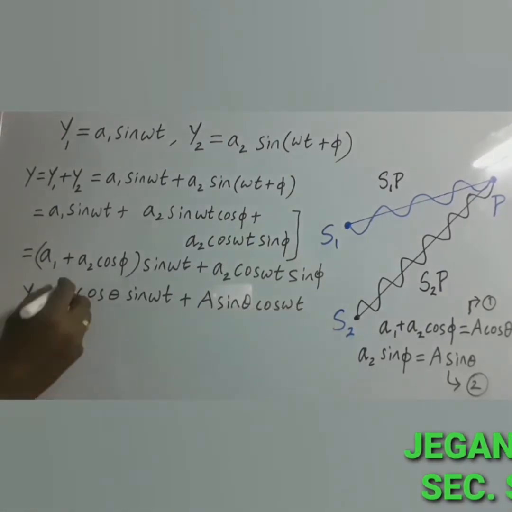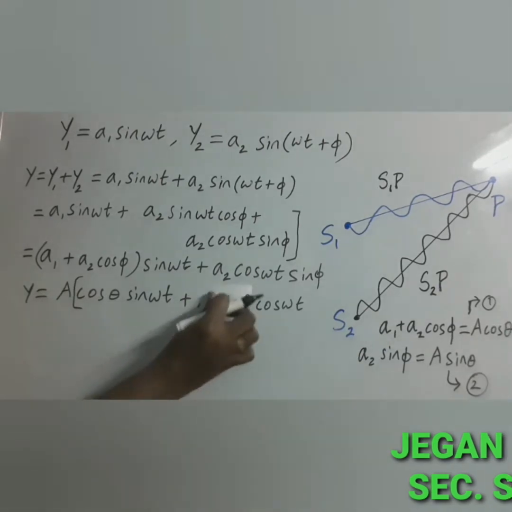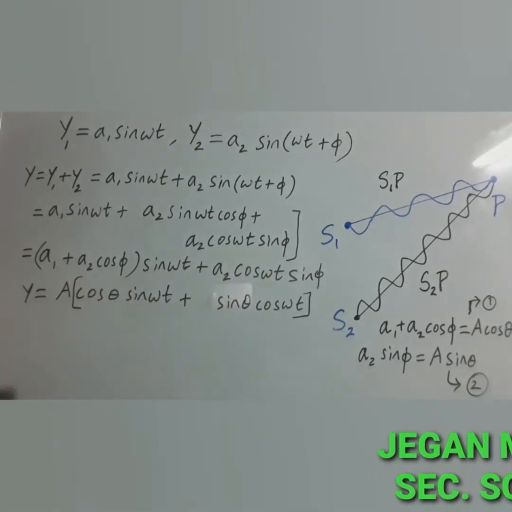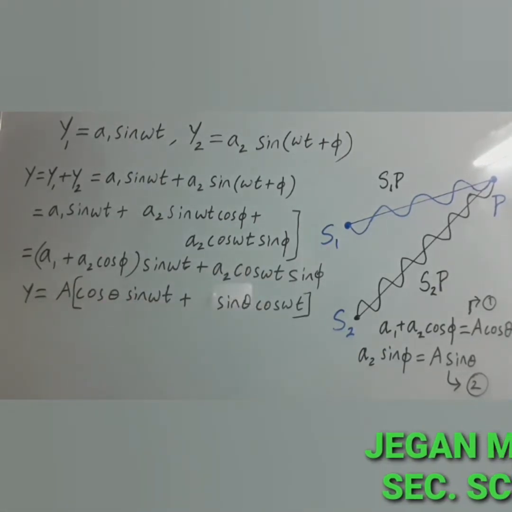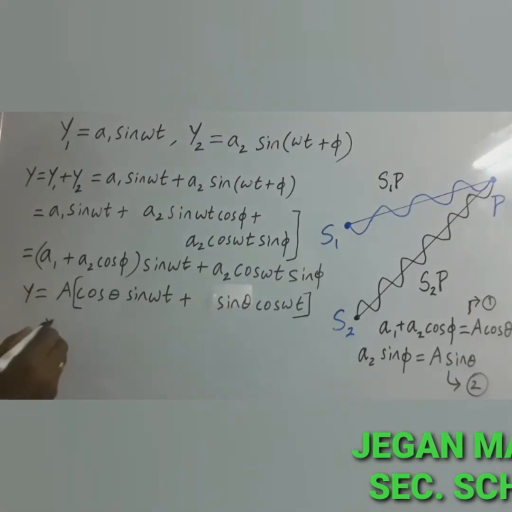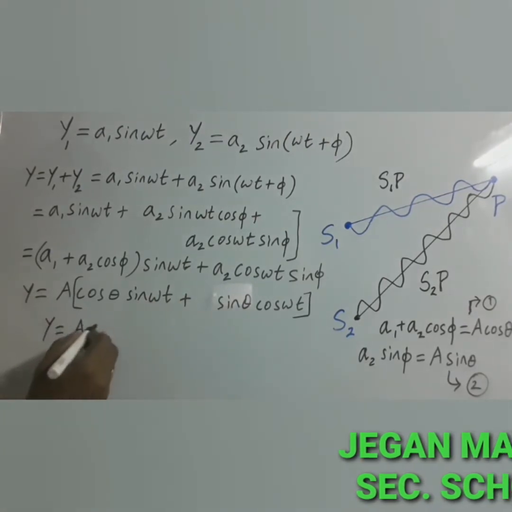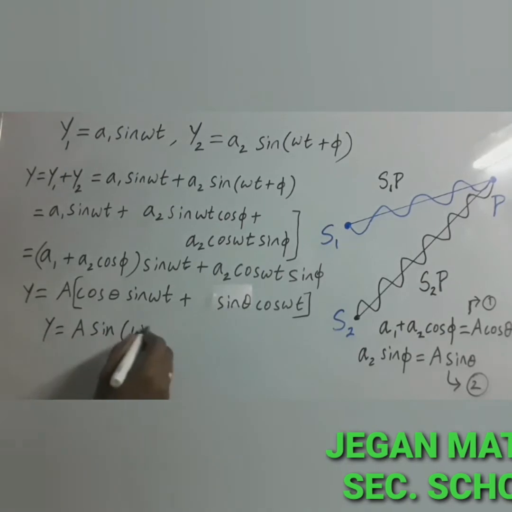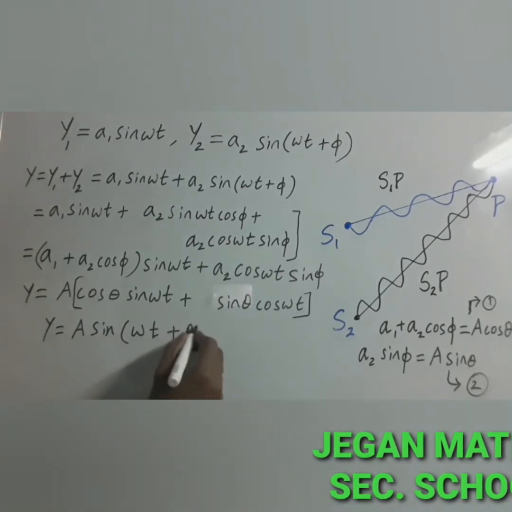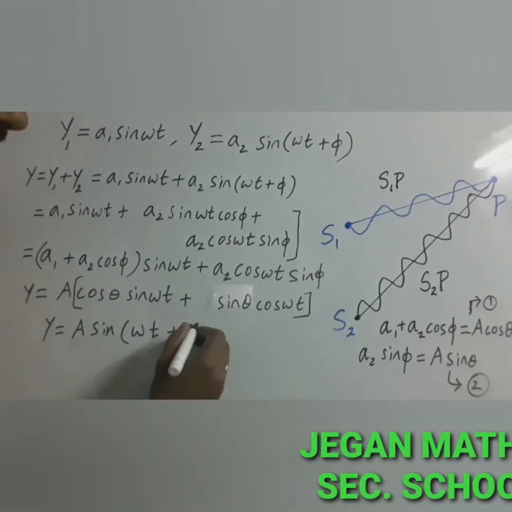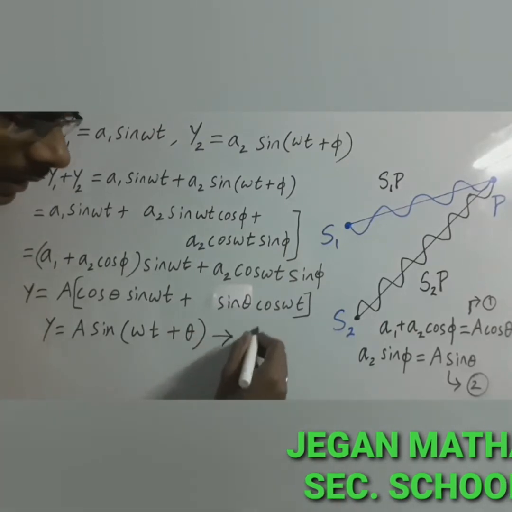A is a common factor that can be taken outside. So it is an expansion of the sin (a plus b) formula. So how can we shorten this expression? y equal to A sin (omega t plus theta). Let us take this expression as the third equation.